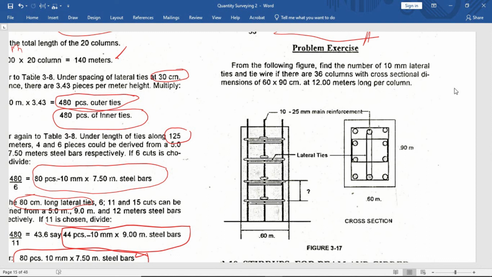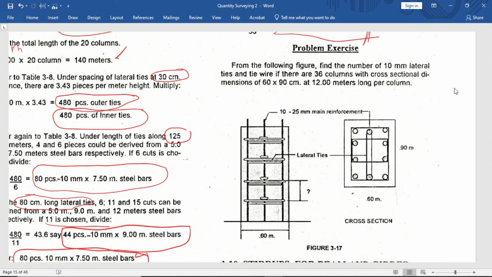Kita nyo naman kung ilan yung lateral ties, bilang naman yan. 10 mm, 25 mm main reinforcement. So, if it is lesser than 30, ilan yung lateral ties na gagamitin natin? Anong diameter?